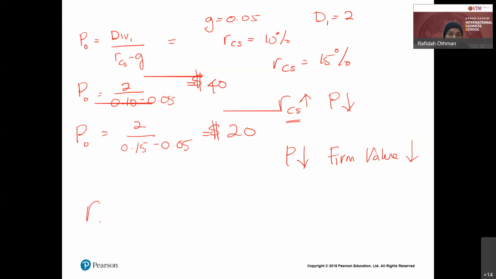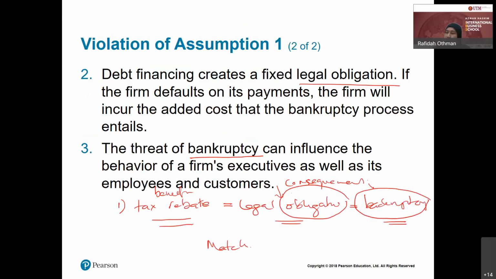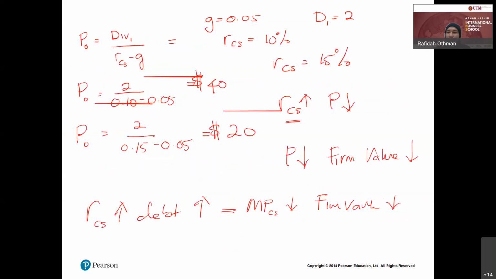So return for common stock increases because our debt is increasing. So our market price of the common stock will fall, and at the same time the firm value will fall. Okay, so this is the relationship.